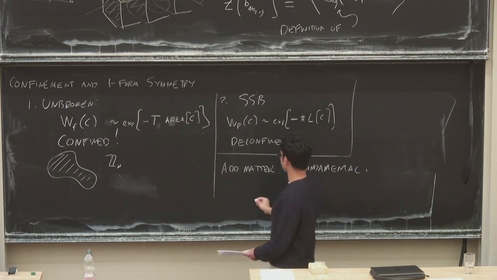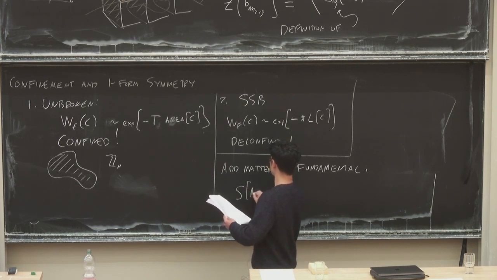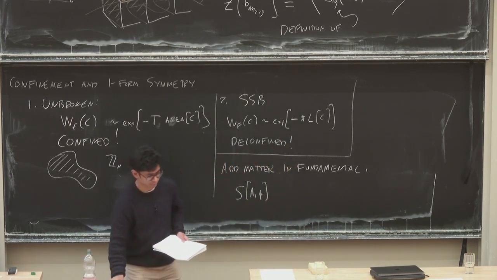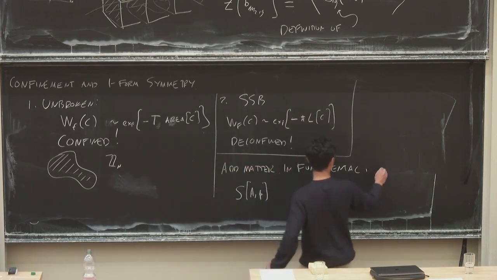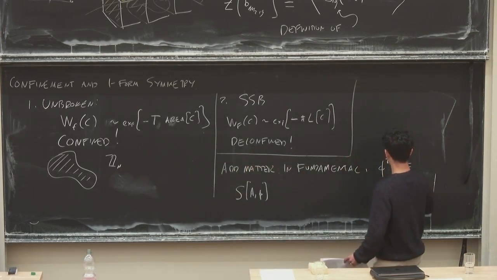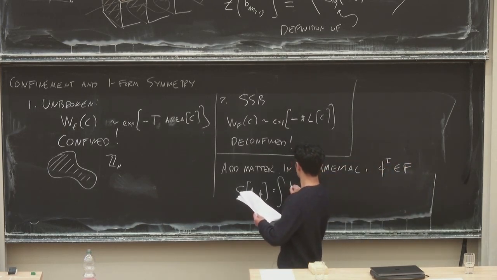So in the continuum, the action looks something like this. Imagine that I'm adding a scalar field in the continuum. Say I have phi I, which is in the fundamental representation. So this is in F. Then the continuum action looks like this.